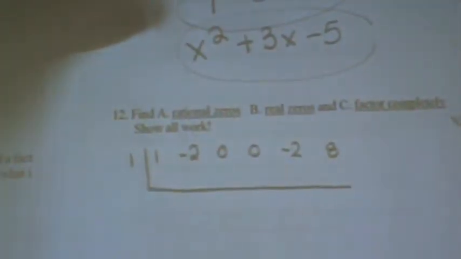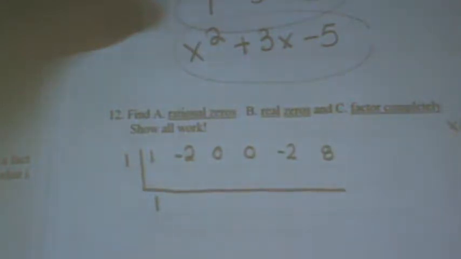So if I tested 1, because that's what I would have done, I would have put a 1 out here, a -2, 3, third power, second power, first power, and constant. Why did I put these zeros here? Placeholders, 5, 4, 3, 2, 1, 0.